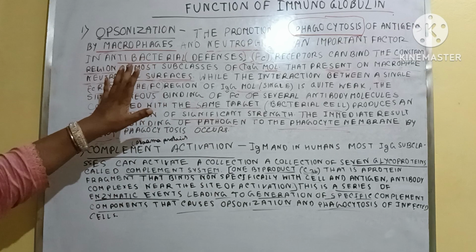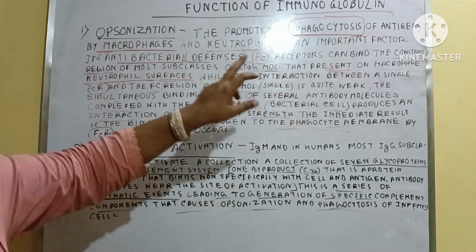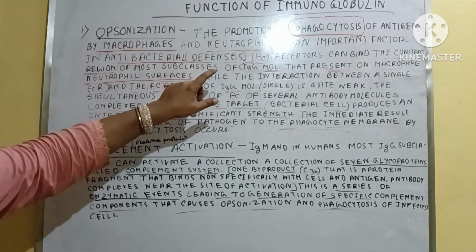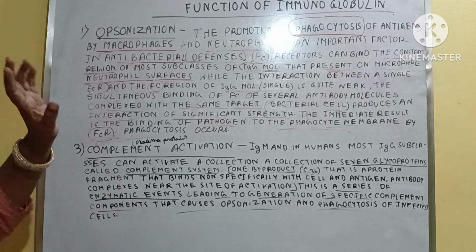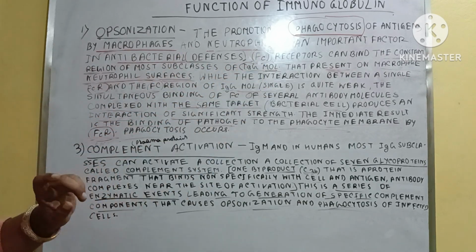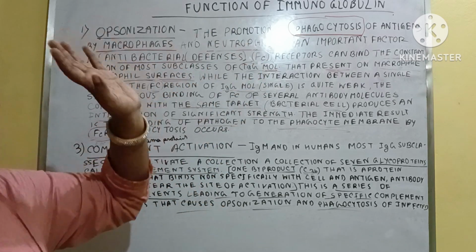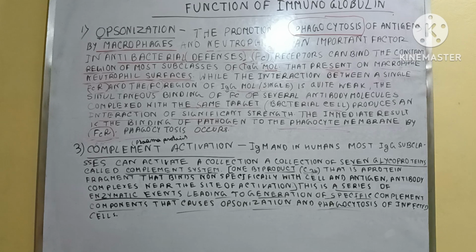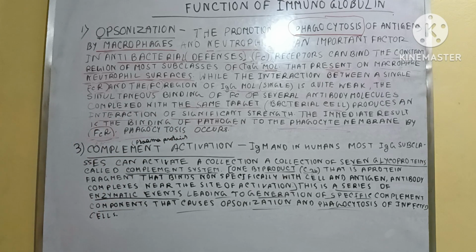Okay, in the opsonization process, the cells are very important because on the surface of this cell an Fc receptor is there. And this Fc receptor is very functional because the foreign particles are recognized by these receptors of the constant region, and then the damage of the foreign particle is possible. So the Fc receptor is very important here.